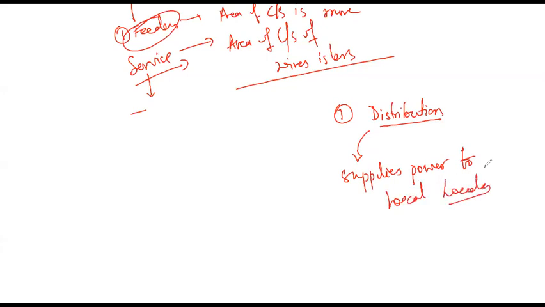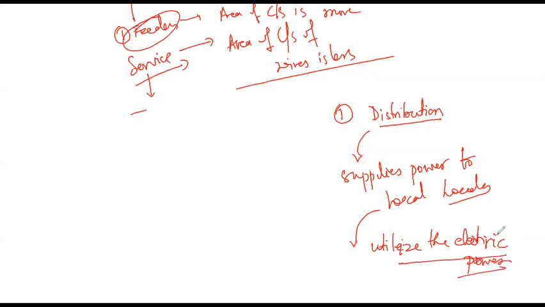Okay, so local loads are local loading centers or local services, you can call it that way, or generally all these loads will be put into use, and these are the local loadings which are present there, which utilize the electric power. Okay, so these are the things that are present there.